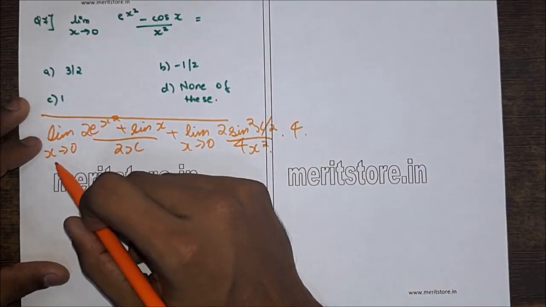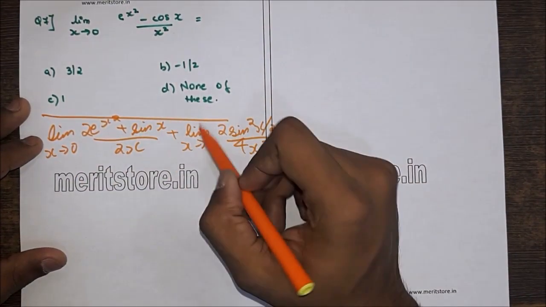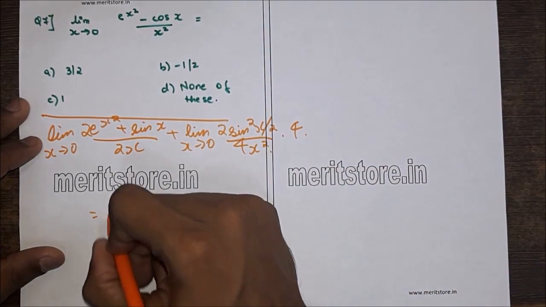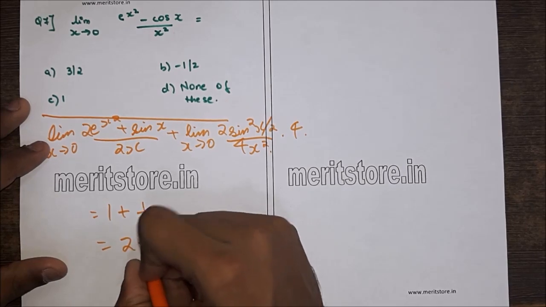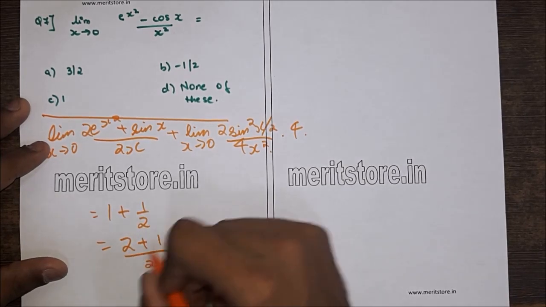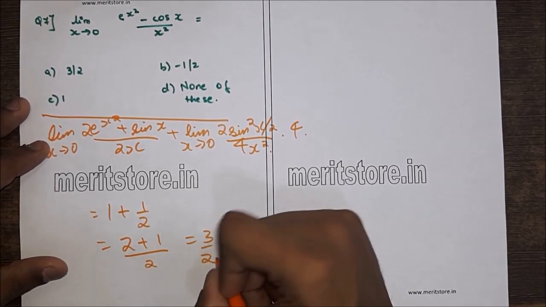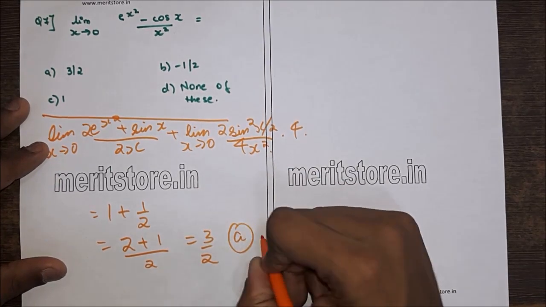Now applying the limit of x tends to 0 on both these terms individually, we are left with 1 plus 1 by 2, which is 2 plus 1 by 2, which is 3 by 2, which is option A.